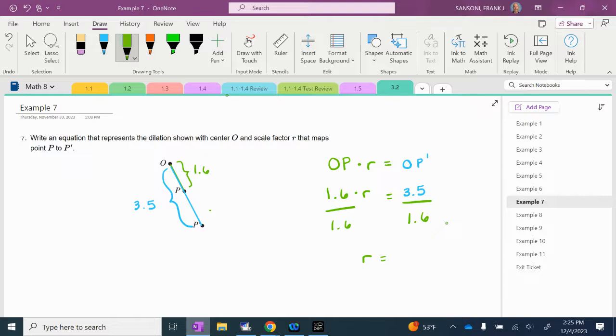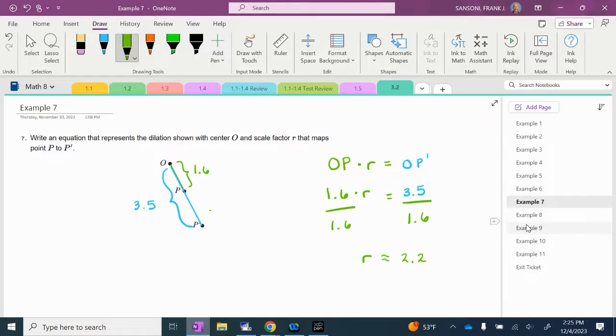So let's see what 3.5 divided by 1.6 is. So this scale factor was approximately, because you're not always going to have a nice easy number for your scale factor, this was approximately 2.2. It was like 2.1875. Okay? So if you set it up like that, you can always figure out your scale factor depending on what they give you.